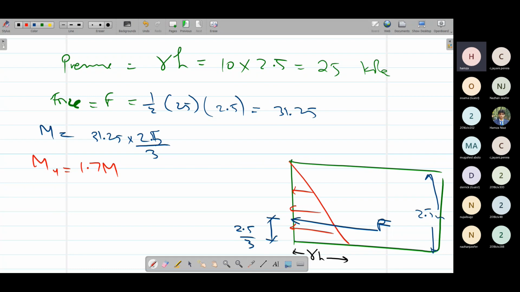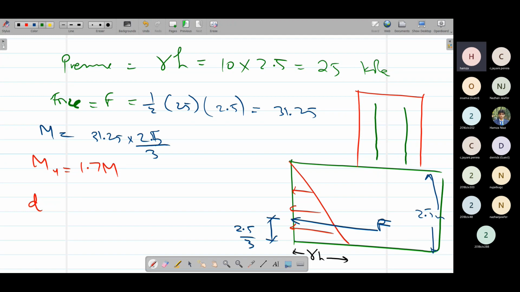The D value for this wall would be like, this is our wall. We are designing the vertical steel because it is spanning vertically, so the main steel would be vertical. Remember, along the span, the main steel is provided. So our vertical steel is inside and our horizontal steel is outside.